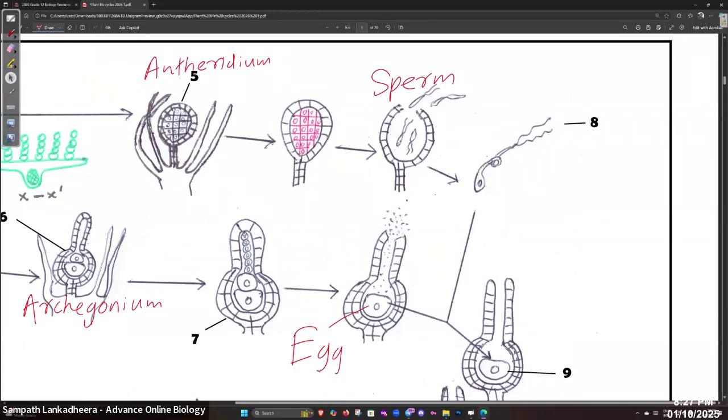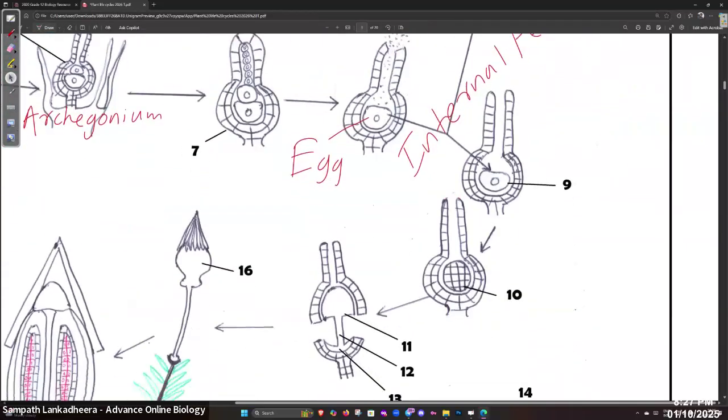So what do you call this process? Internal fertilization, using external water.